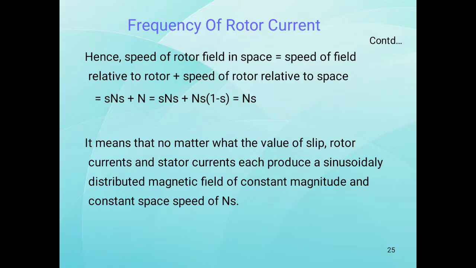So the speed of the rotor field in space is equal to the speed of the field relative to the rotor plus the speed of the rotor relative to space. That means that no matter what the value of slip, rotor currents and stator currents each produce a sinusoidally distributed magnetic field of constant magnitude and a constant space speed of Ns.